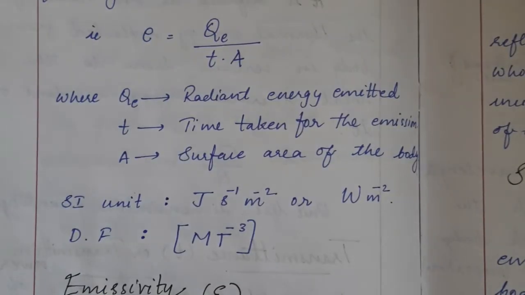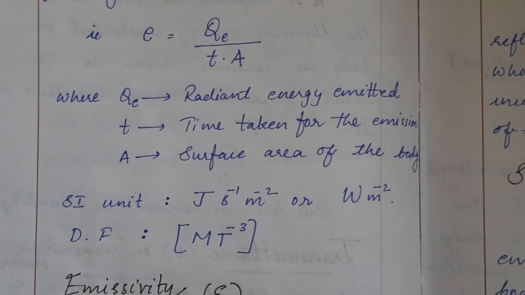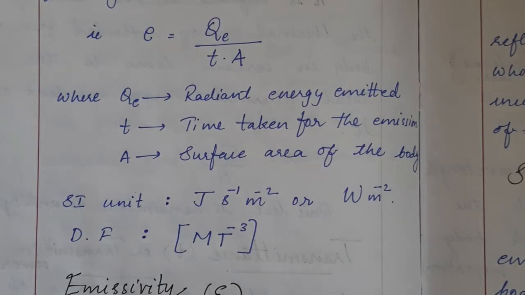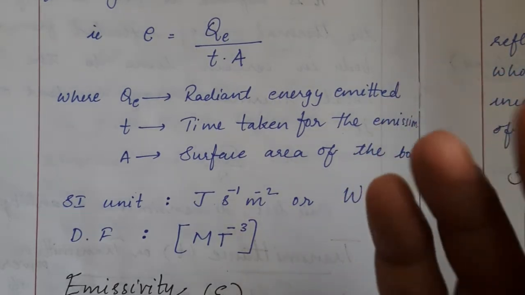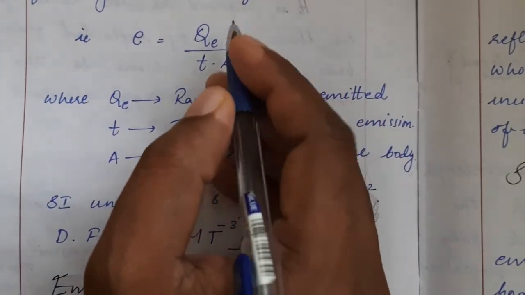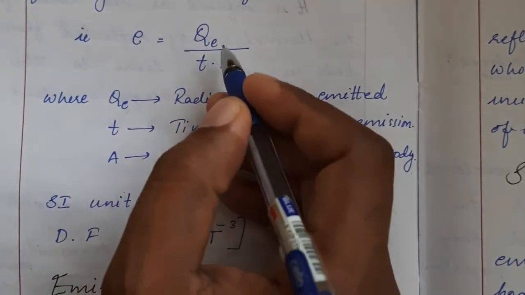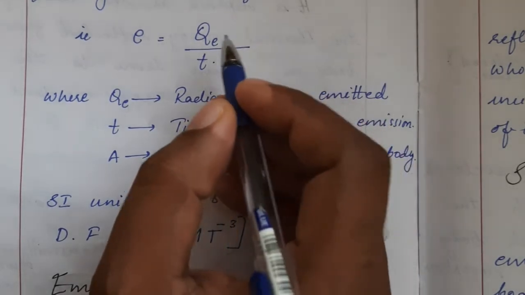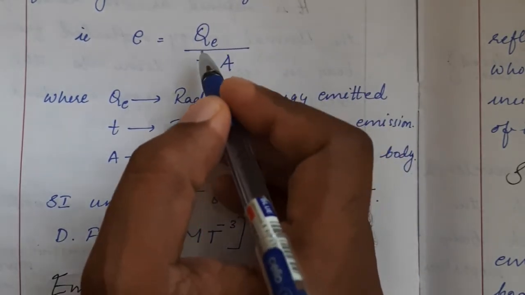Now we have a term called emissive power. It is the heat energy emitted per unit surface area, per unit time of a body for a given wavelength and temperature. For example, you take a hot body, it will radiate out heat energy, or it will emit out the heat energy.